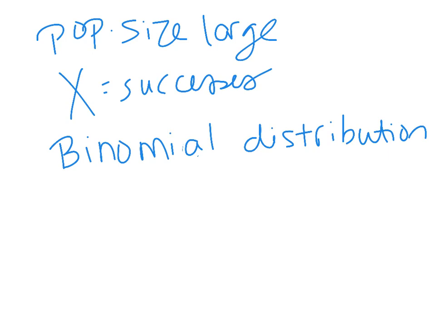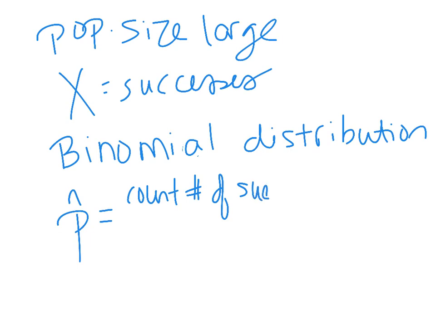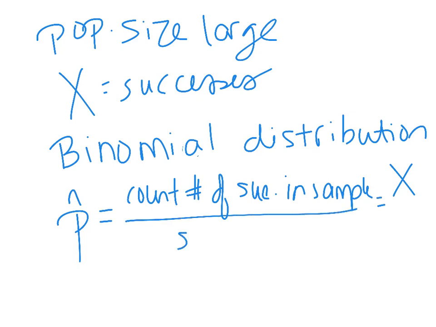And our sample proportion of successes is going to be closely related to our X. So our p-hat can be equal to the number of successes in the sample, that would be X, over the size of the sample.